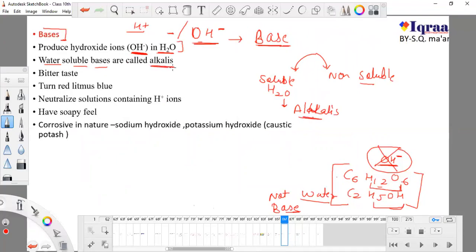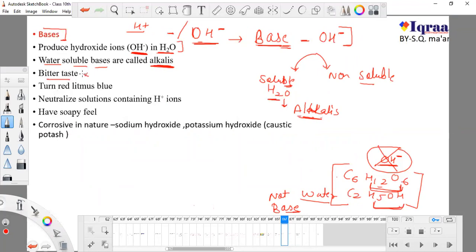Any basic substance which can release OH ions. Never write that it contains OH ions, because they also contain OH ions but they cannot release them. So remember that any bases which are soluble in water are known as alkalis.